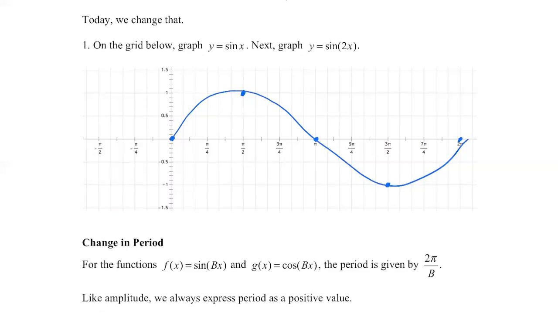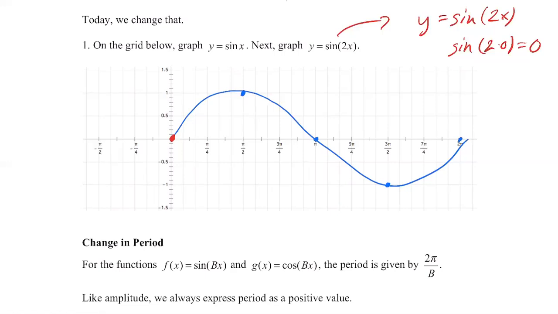Now, if we wish to graph y equals sine of 2x, some interesting things emerge as we consider our points. I'm going to do it in red. So y equals sine of 2x. If we do the sine of 2 times 0, we still get 0. So our function still starts at 0.